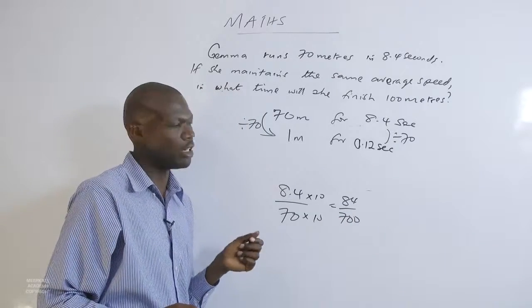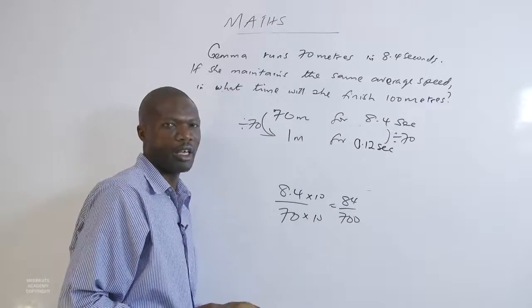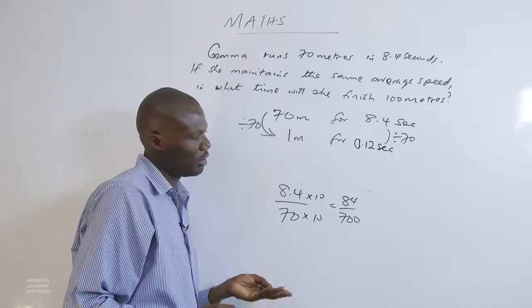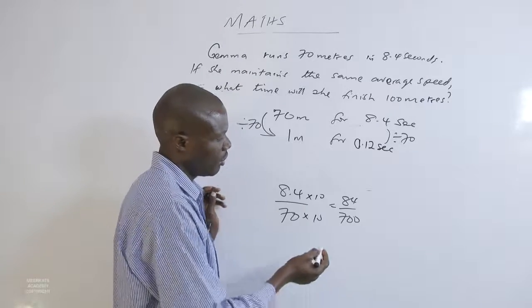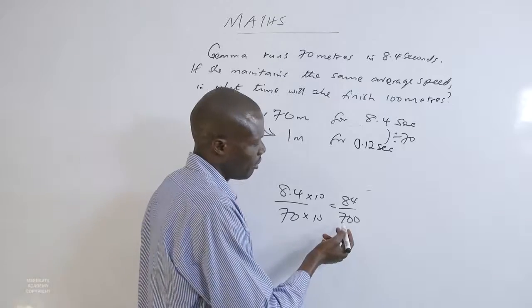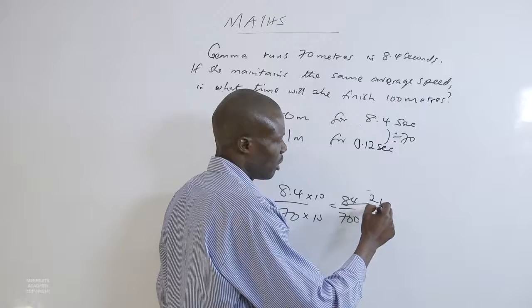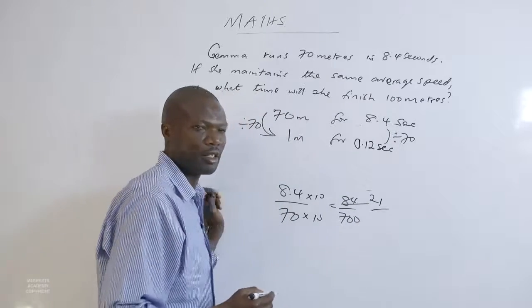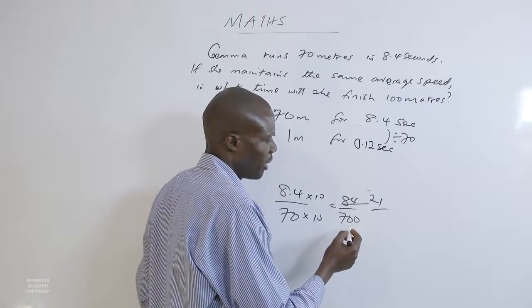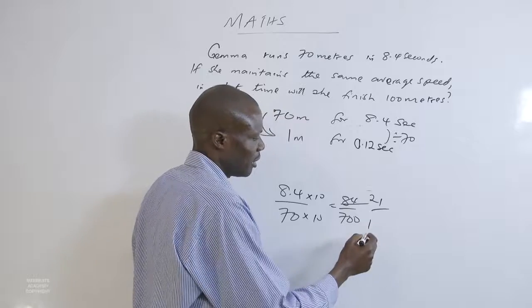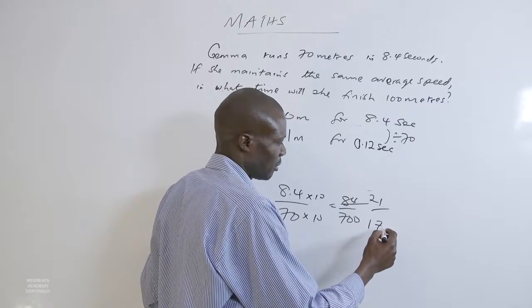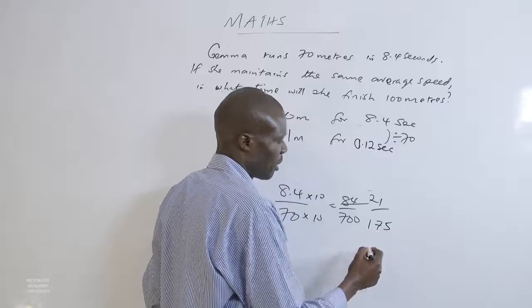We did the divisibility test, and we can also find the highest common factor if possible. But slowly we can simplify it by going by 4 here is 21, right? And then by 4 here is 175.